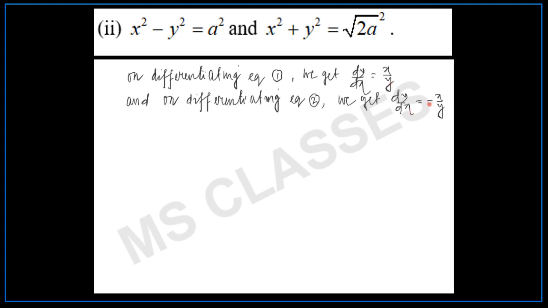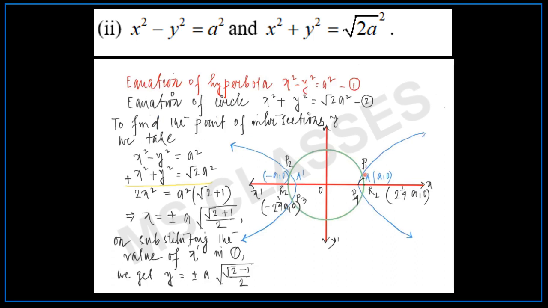Now at P1, we try to find the angle at P1. At P1, the point is a root over root 2 plus 1 by 2, comma, a root over root 2 minus 1 by 2. So at first we find the slope for the hyperbola. If we draw a tangent, there are two tangents possible. At hyperbola, at first if we draw, then this is the tangent drawn to the hyperbola, and we name it as T1.